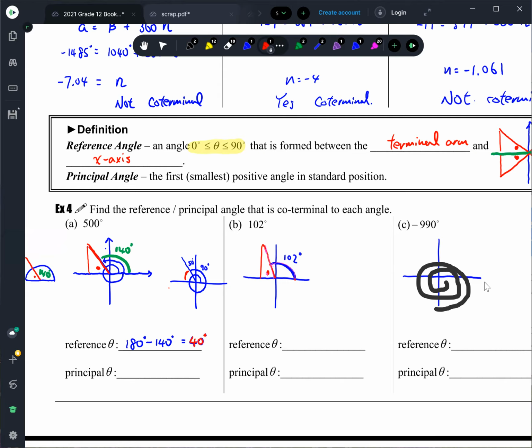Think about how many turns it makes. How many full turns? Let me double check, okay? It can make 2 full turns, right?